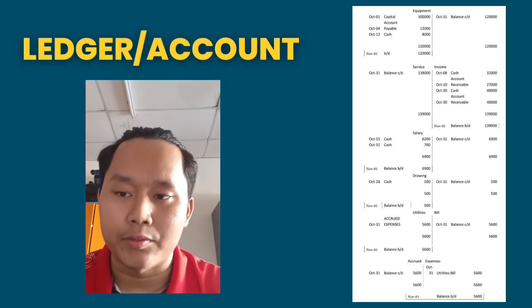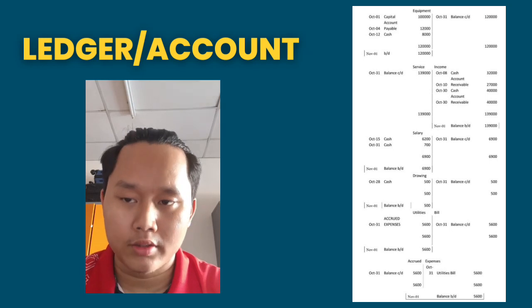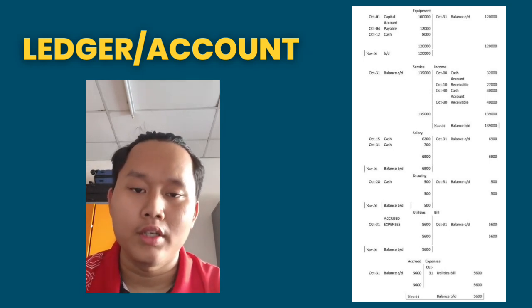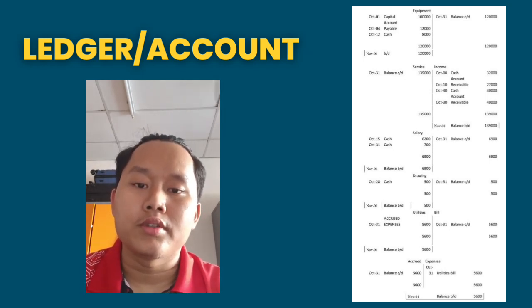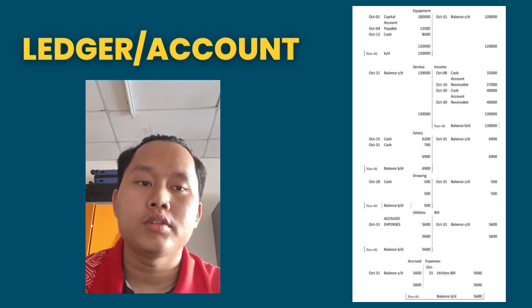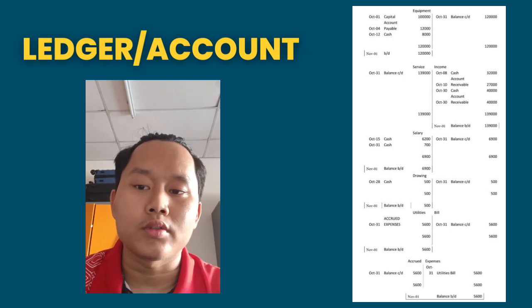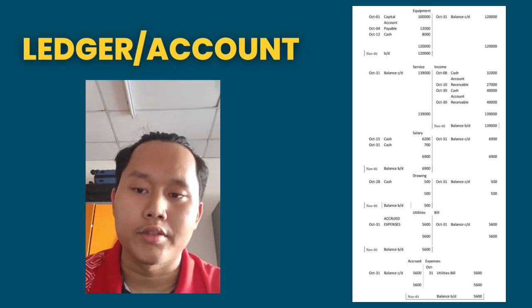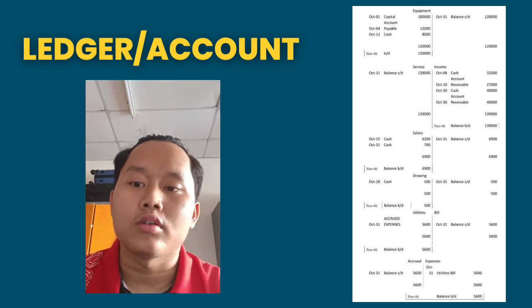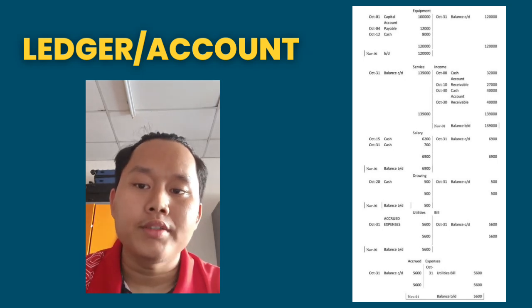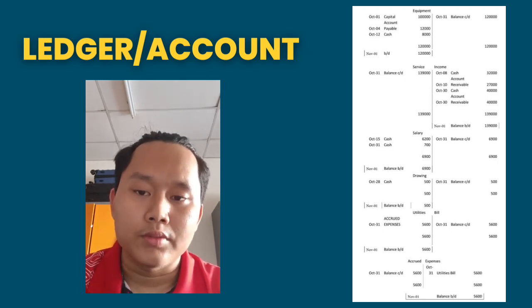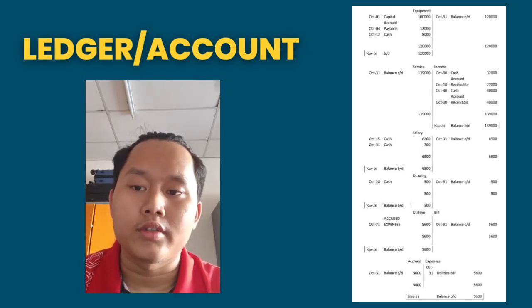Next is salary account. In the debit side is October 15 cash 6,200, and October 31 cash also 700, and the total is 6,900. For the credit side is October 31 balance CD 6,900, and there's a balance between credit and debit.